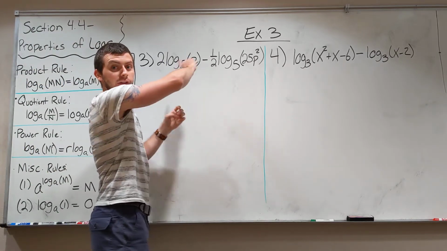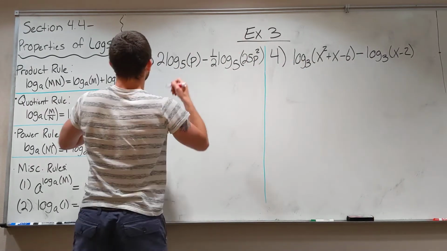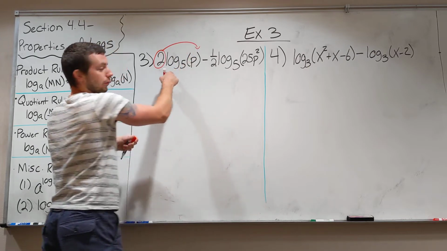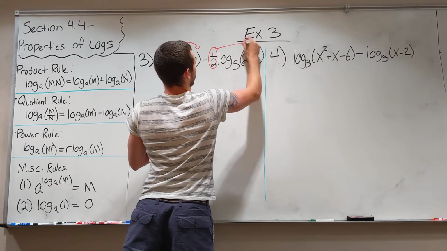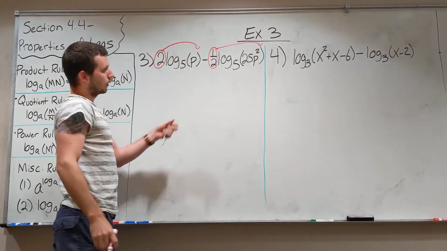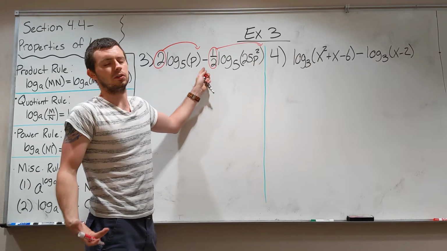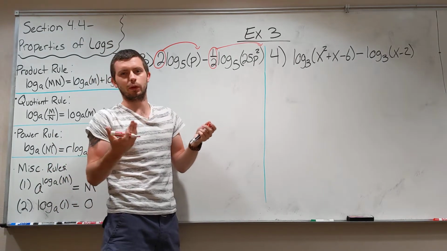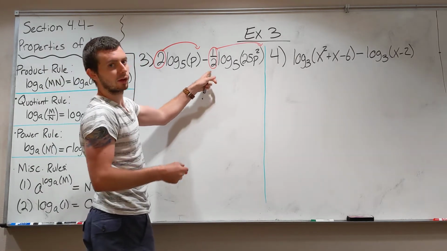So we need to move those as exponents to their corresponding logarithm before we can combine. So that 2 would go to the front of this logarithm here, and this 1/2 would come to the front here. Now you could take the minus sign with the 1/2, but then you would put a plus sign here. Whatever you end up doing, it works either way. I'll just go ahead and bring the 1/2 and keep the negative.